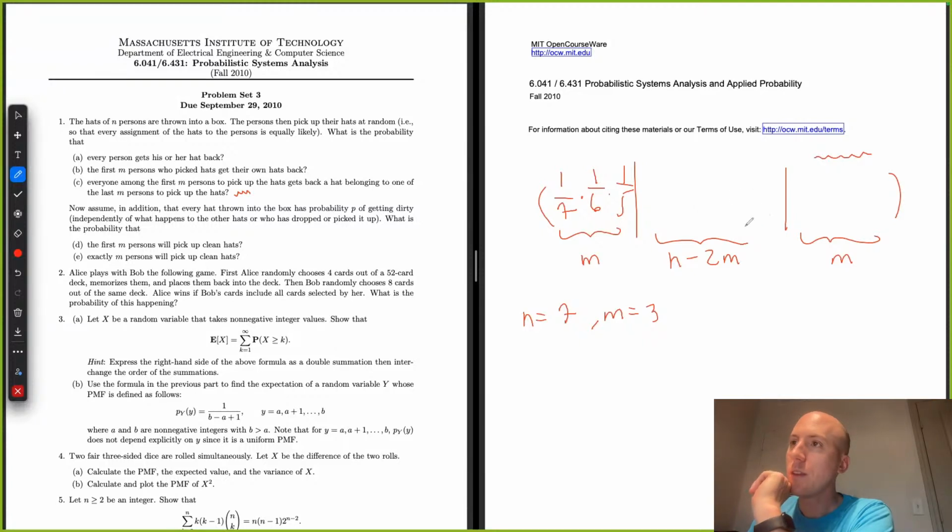Basically we need it to be the case that these people don't pick any of the last m hats. There are 4 hats remaining, and this person can pick 2 out of 4, since 2 out of 4 of them are good. And now this person has to pick the last.